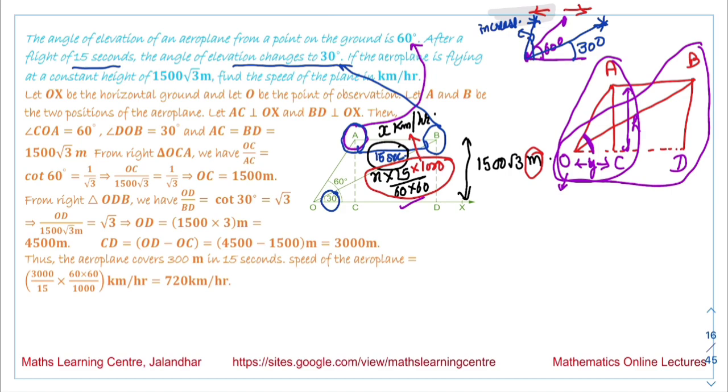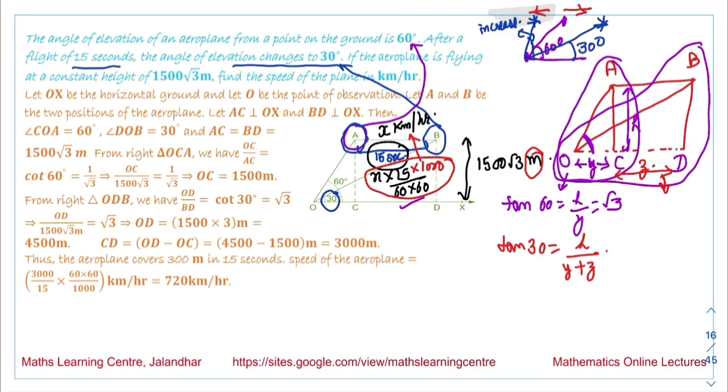So tan 60 is equal to h upon y, and this is equal to root 3. When we are talking about this second triangle, that is OBD, we have tan 30 is equal to the height h, and the distance traveled, suppose it is z, so we get it is y plus z.